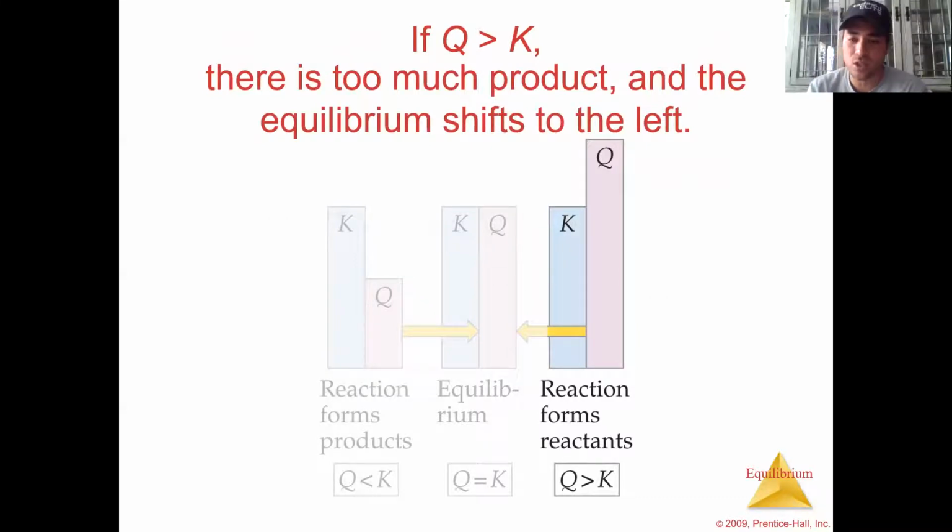So think back to your expression, it's product over reactant. If that number is bigger, that means the numerator is too big, that means the product is too big. And products are on the right. So we know that the equilibrium is going to shift left to then get back to being balanced out.